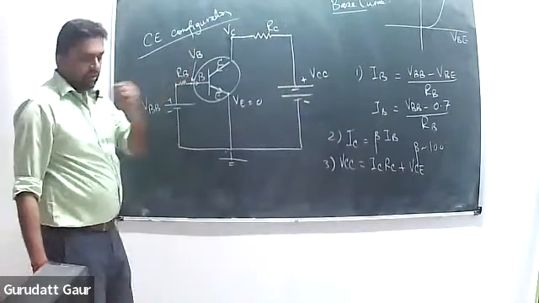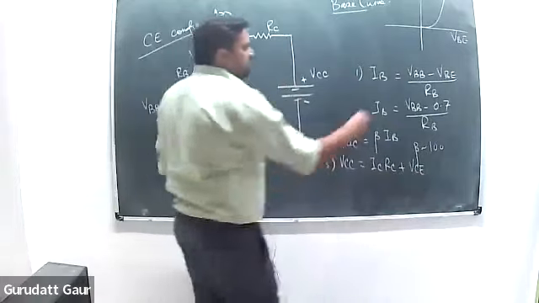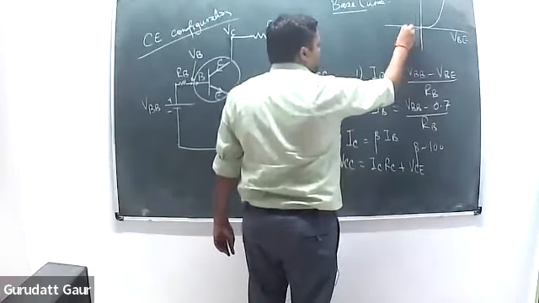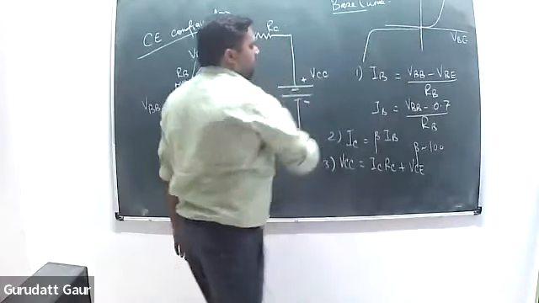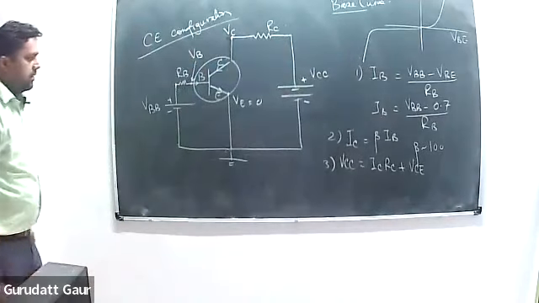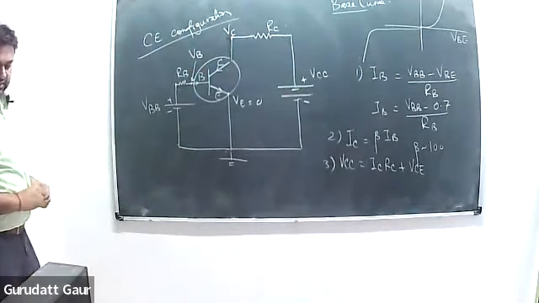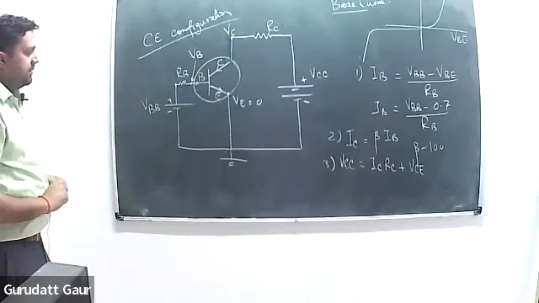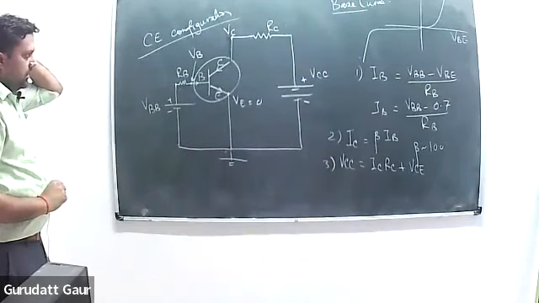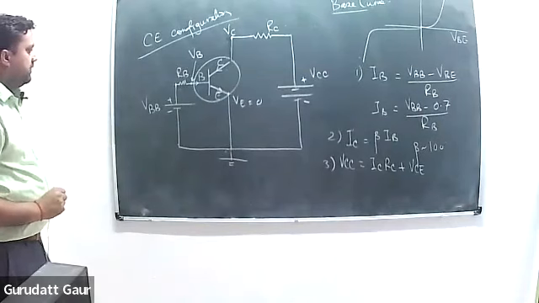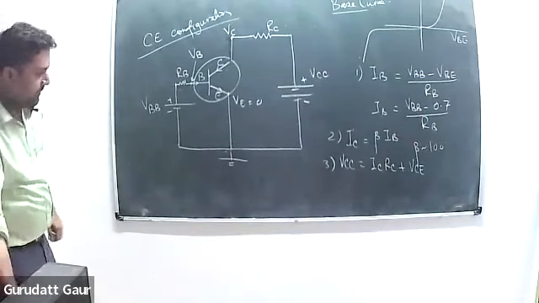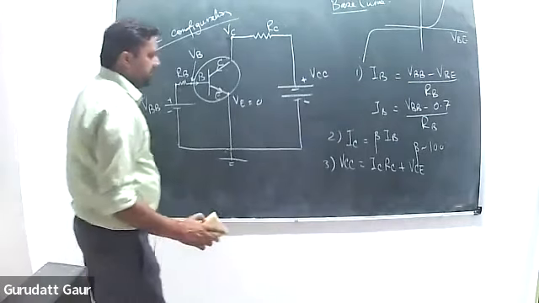So the collector diode is operating in reverse bias. It should show you something like this. Right? But this behavior will be inverted. Why? That I have not done, but it can be easily verified.